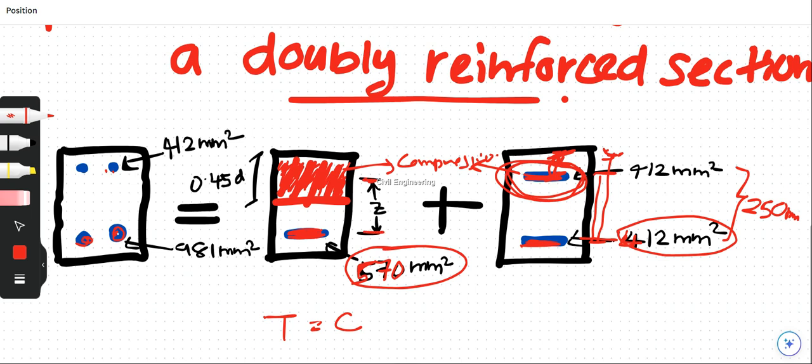We can find this z. Z means the distance between the tensile reinforcement and the center of the concrete section.